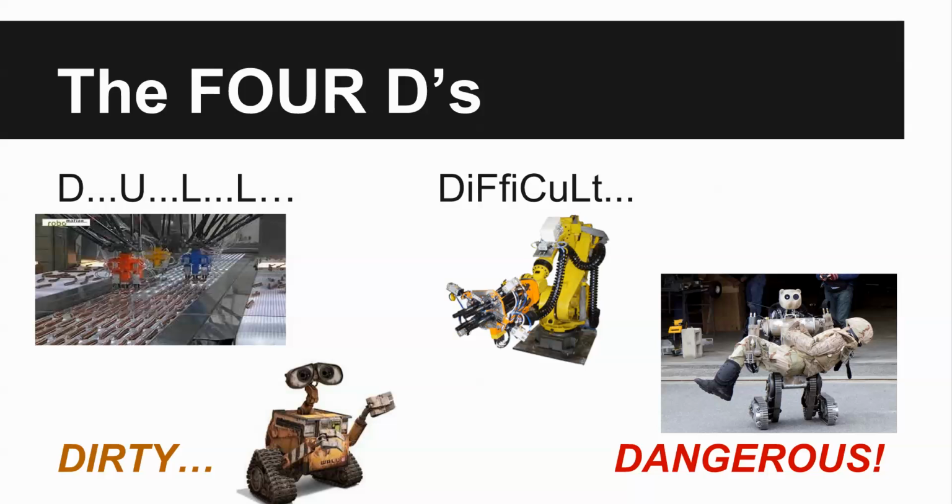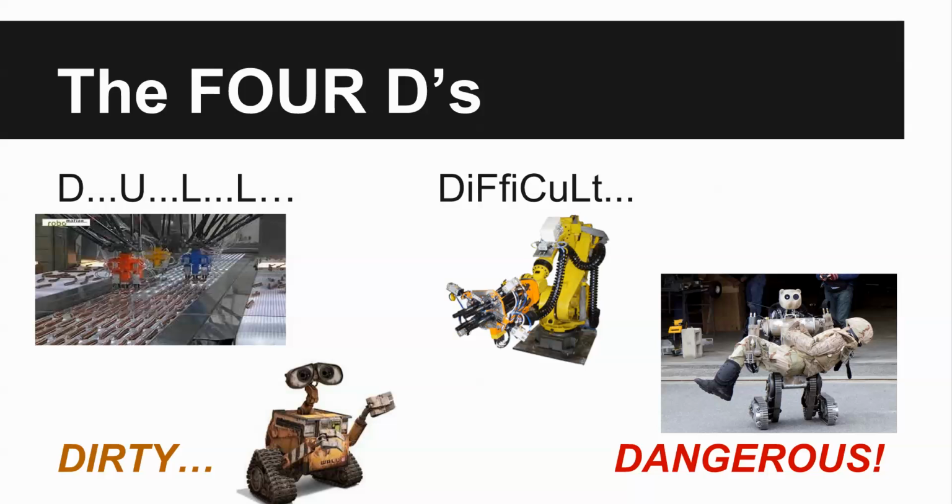The dull, which is really slow and boring. Not that much fun. So dull is going to be a situation where we want to just take somebody out of there. It's going to be mind-numbing and not worth the training. There's not much training to it, and it's important that we don't mess it up at the same time.